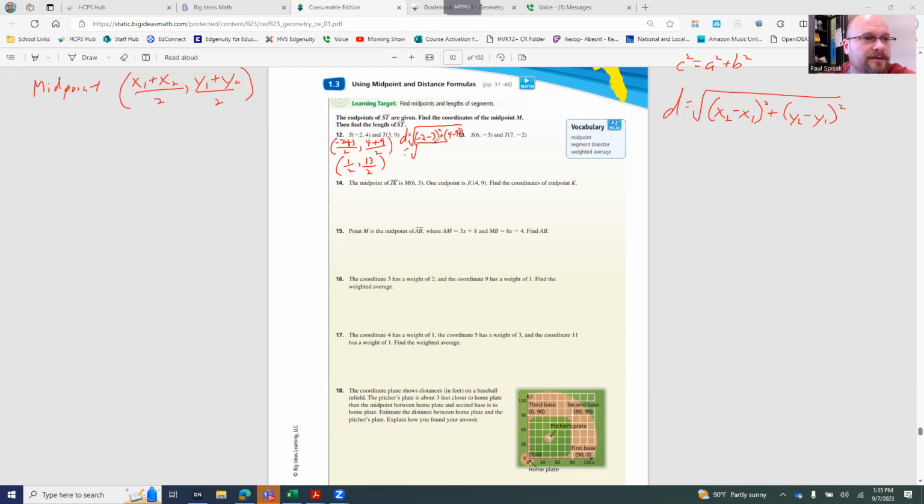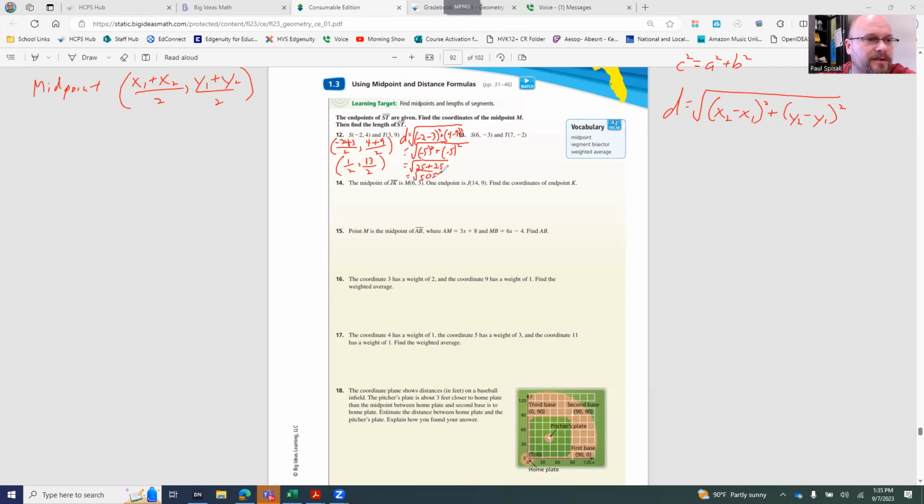So -2 minus 3, that's going to give us -5. Again, if you're using a calculator to do that, make sure you include those parentheses because you want this next answer to be a positive. Same thing here, this is -5. So if you're plugging that into the calculator, you have to use the parentheses. So now that's 25 and 25. So we get the square root of 25 plus 25, which is the square root of 50.